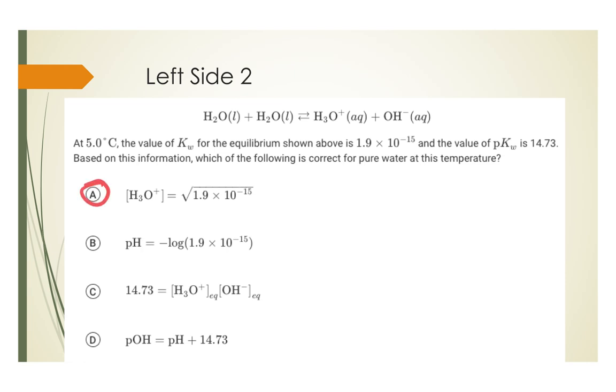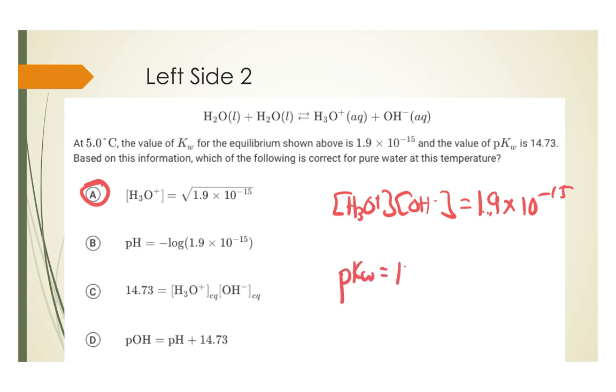The reason for that is we have 2 expressions we can write here. H3O+ concentration times OH- concentration equals Kw, which is 1.9 times 10 to the negative 15th. And we also have the other expression, which is pKw, which equals 14.73, equals pH plus pOH. So by process of elimination, we can do this, and we can also just do it directly.